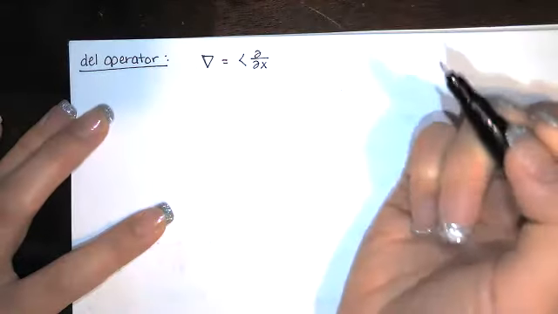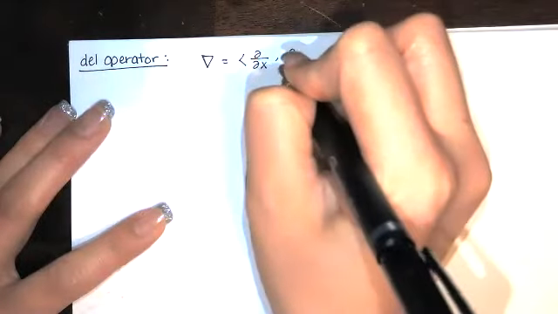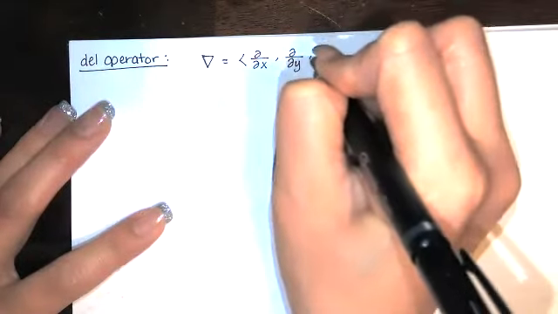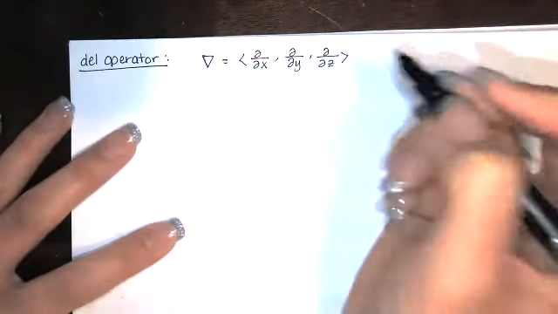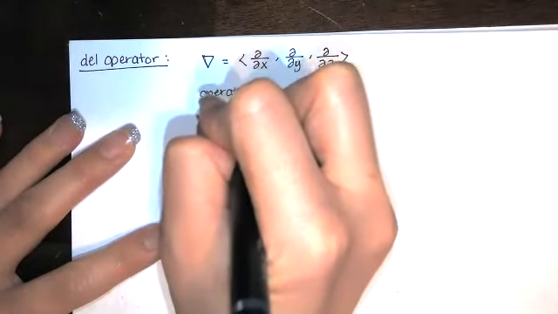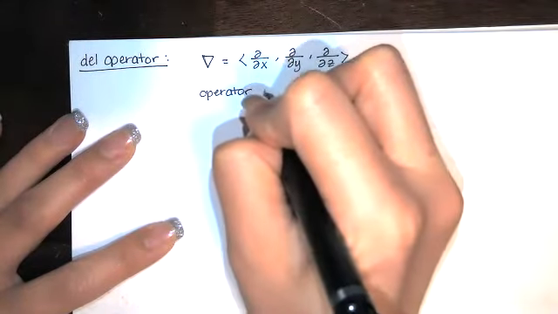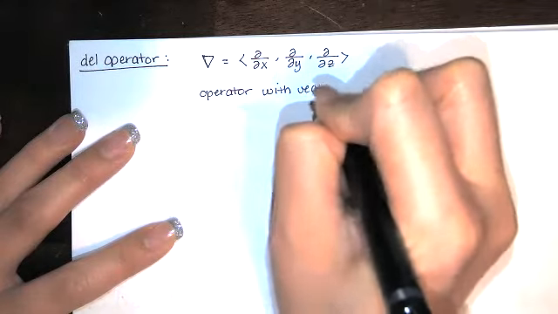So we can think of it as a vector with components: partial with respect to x, partial with respect to y, and partial with respect to z. But it's not a vector. It's an operator that behaves like a vector. Or maybe we'll say it's an operator with vector characteristics.